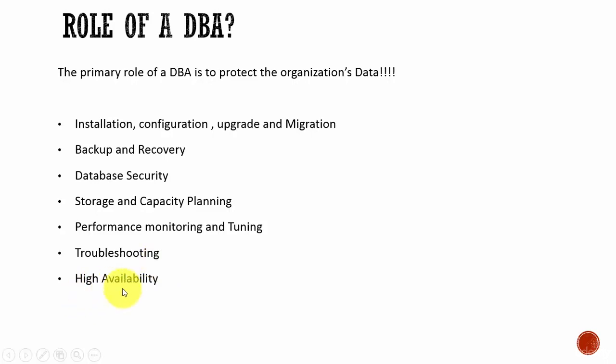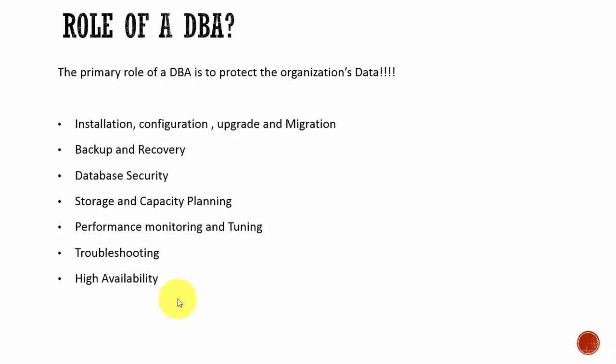Okay? And the final one, high availability. In today's organizations where the database needs to be up and running 24 hours a day and 7 days a week, the database administrator needs to plan for high availability. That means he needs to come up with solutions where the database is up and running all the time.